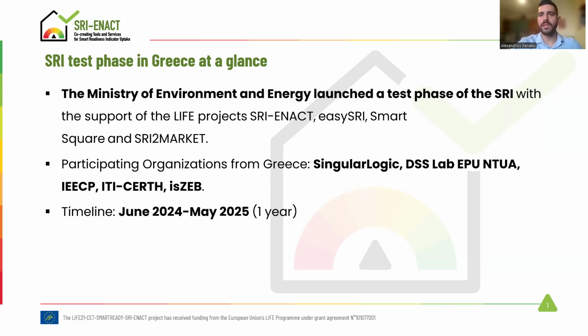The participating organizations from Greece are Singular Logic, the Decision Support System Lab from the NTUA, the Institute for European Energy and Climate Policy, the Informatics and Telematics Institute from the Center for Research and Technology, ELAS, and the ESZEB cluster. The duration of the SRI test phase in Greece will be 1 year. It started in June 2024 and will last until May 2025.